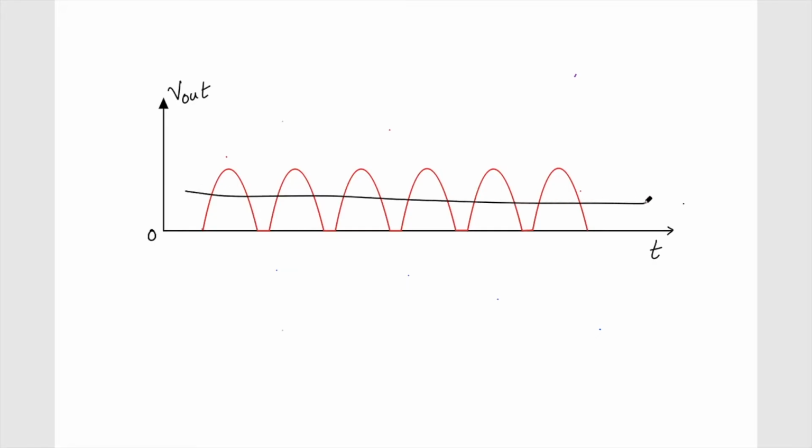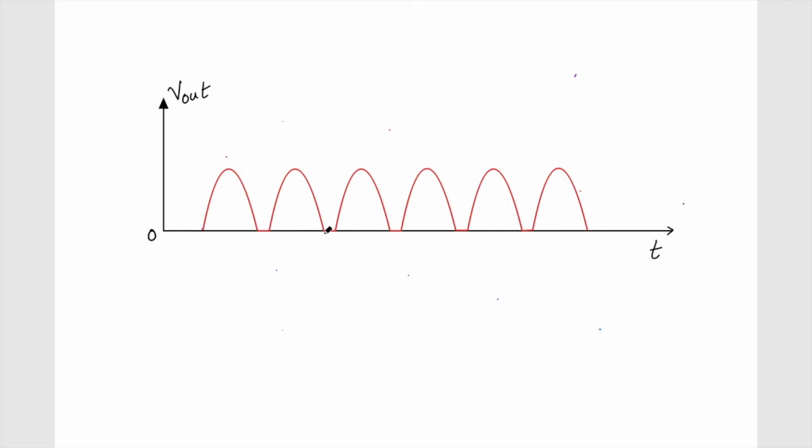We want something flat, and we have not got it yet. We can see there are a lot of valleys here, and we have to fill them to make it perfectly DC. So let's see what next step we can take to get a perfect DC.